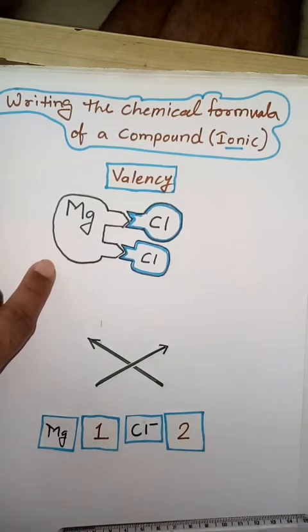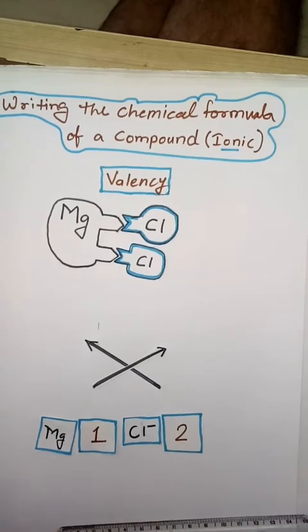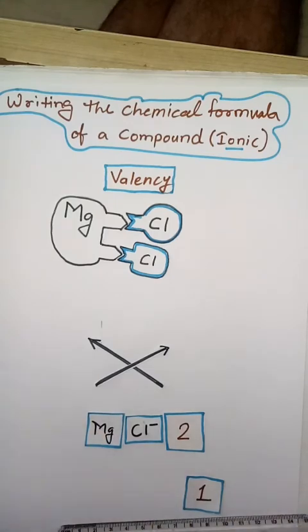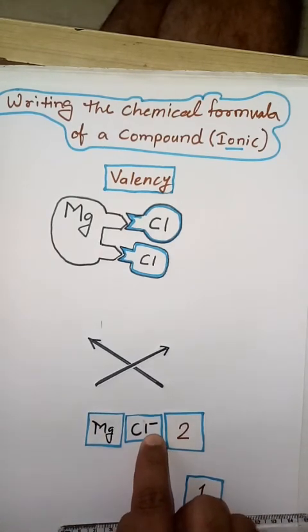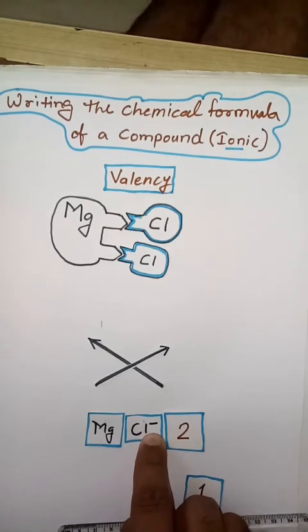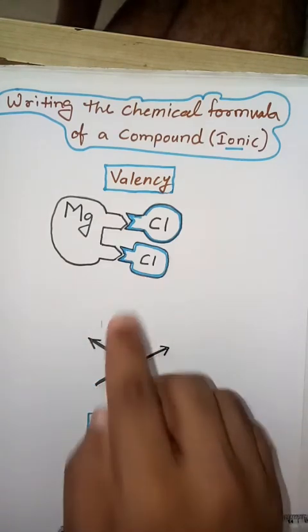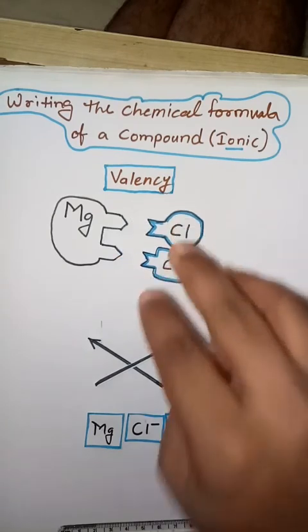So this is how it looks, MgCl2. But we don't write 1, because magnesium itself is showing one atom, so we don't have to write it. Now you might be wondering about this minus sign. We don't actually need the minus sign when we're writing in this format. So magnesium required 2 chlorine. I hope you're clear about the valencies.